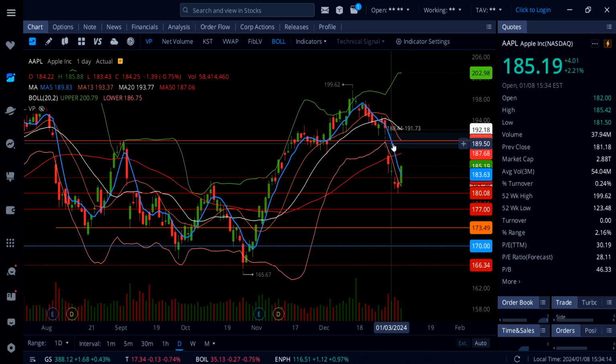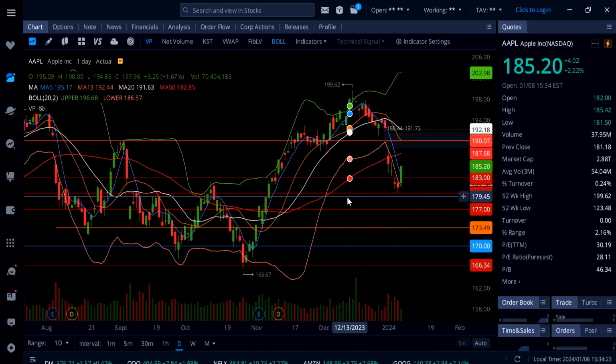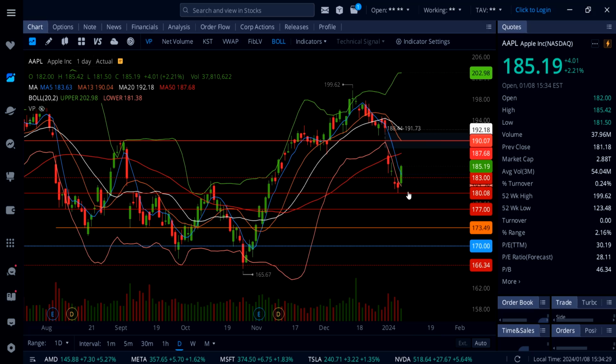Now if Apple breaks below 183.63, then watch out for a dump down to 181.38, and then a strong support down here at 180, and below 180 there's going to be more downside all the way down to 177.